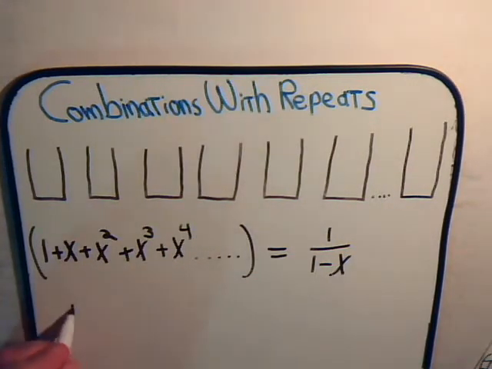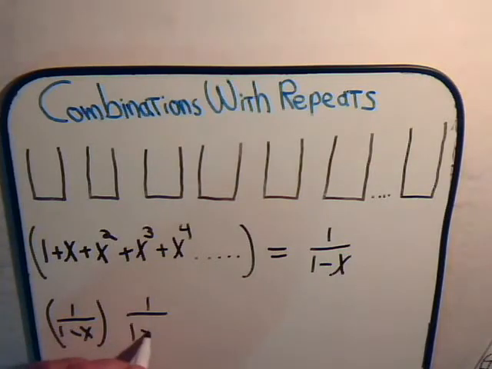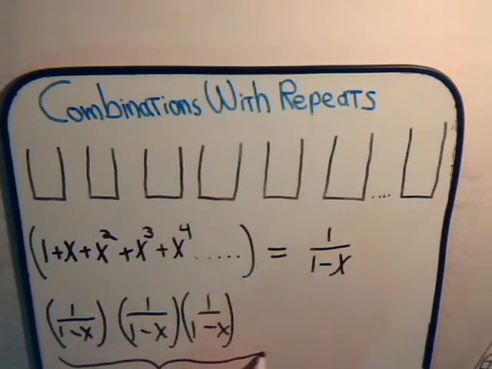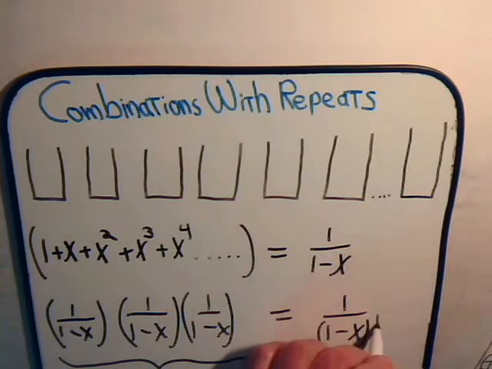So we would have 1 over 1 minus x times 1 over 1 minus x times 1 over 1 minus x, and we would have n terms like this, which would equal 1 over 1 minus x to the n.